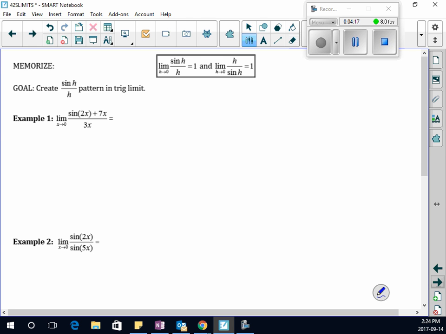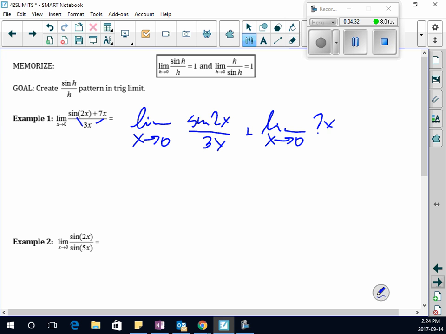So we can split up the fraction. The limit as x goes to 0 of sine of 2x over 3x plus the limit as x goes to 0 of 7x over 3x. Does everybody understand that's the same thing? All I'm doing is using the limit property that addition gets separated, and then the fraction property back in the day that we can separate a fraction like that, right?